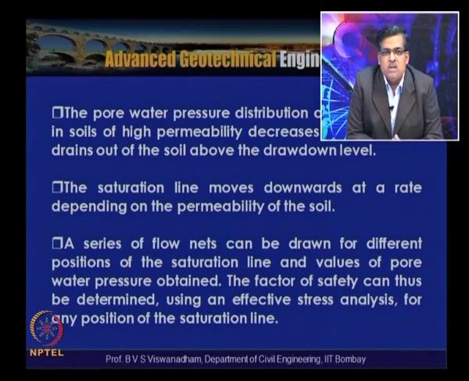Based on this, a series of flow nets can be drawn for different positions of the saturation line, and values of pore water pressure can be obtained. The factor of safety can thus be determined using an effective stress method for any position of the saturation line.